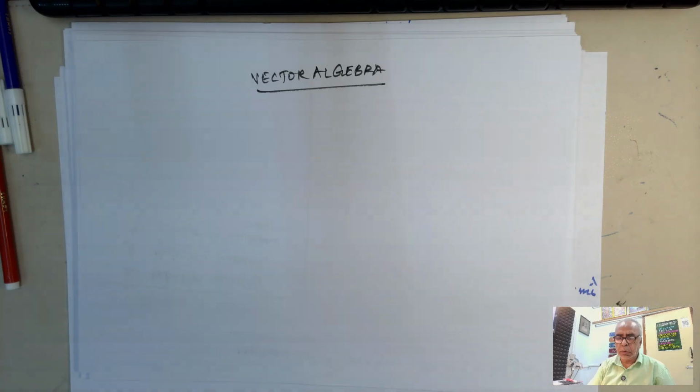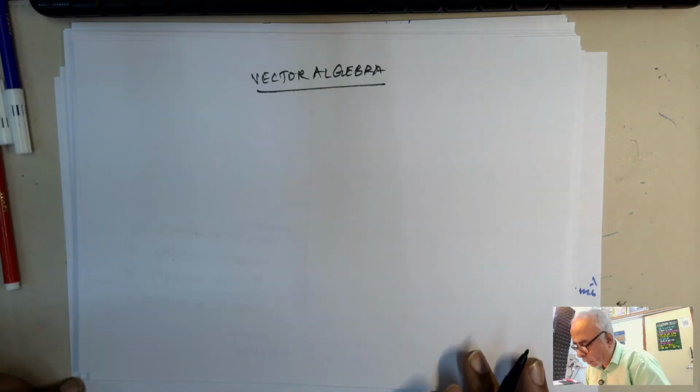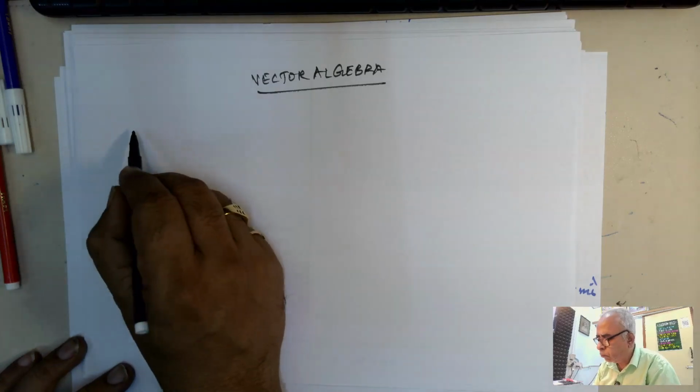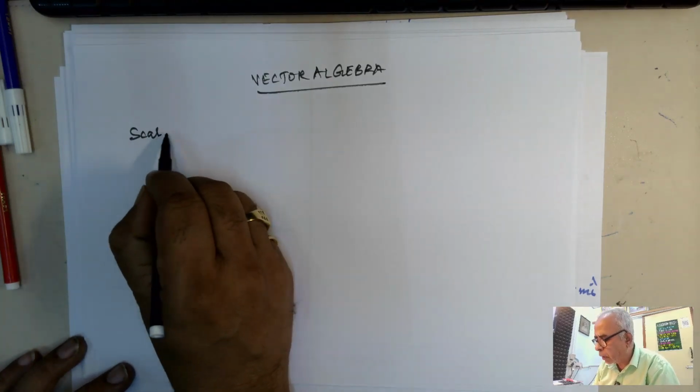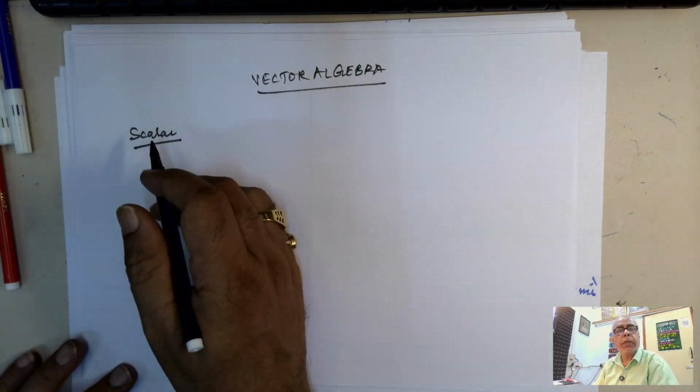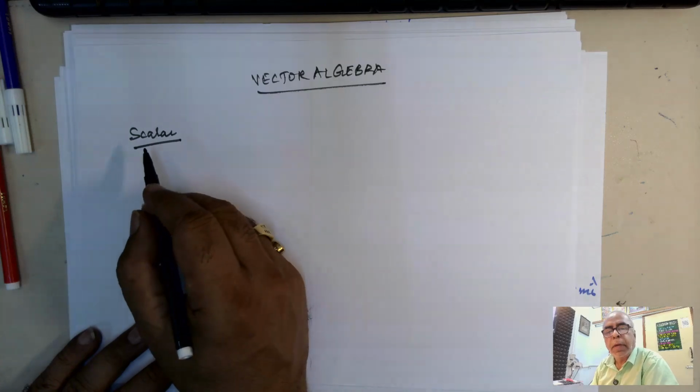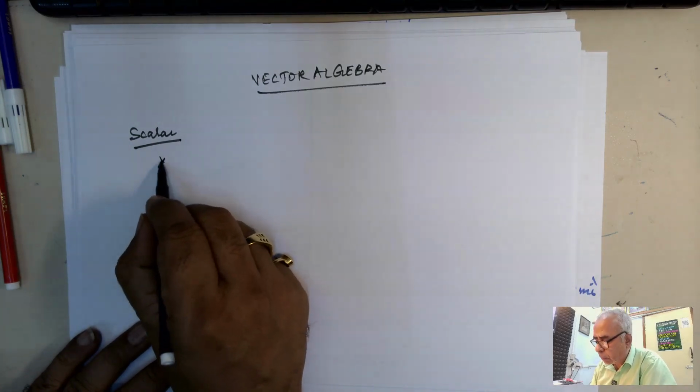Now, let us move to the scalars and vectors. You know, scalar quantities are only physical magnitude, physical quantity, is it not?